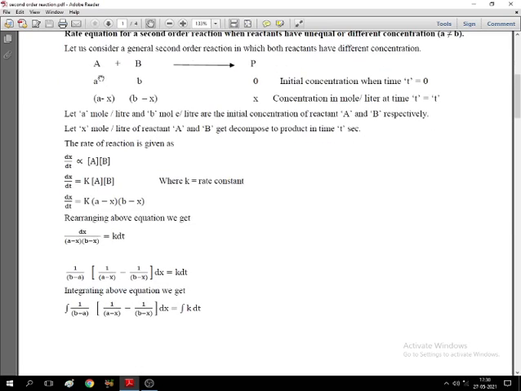For that purpose let us consider a general second order reaction in which both reactants have different concentrations. Now here reactant A and reactant B combine together to form the product.